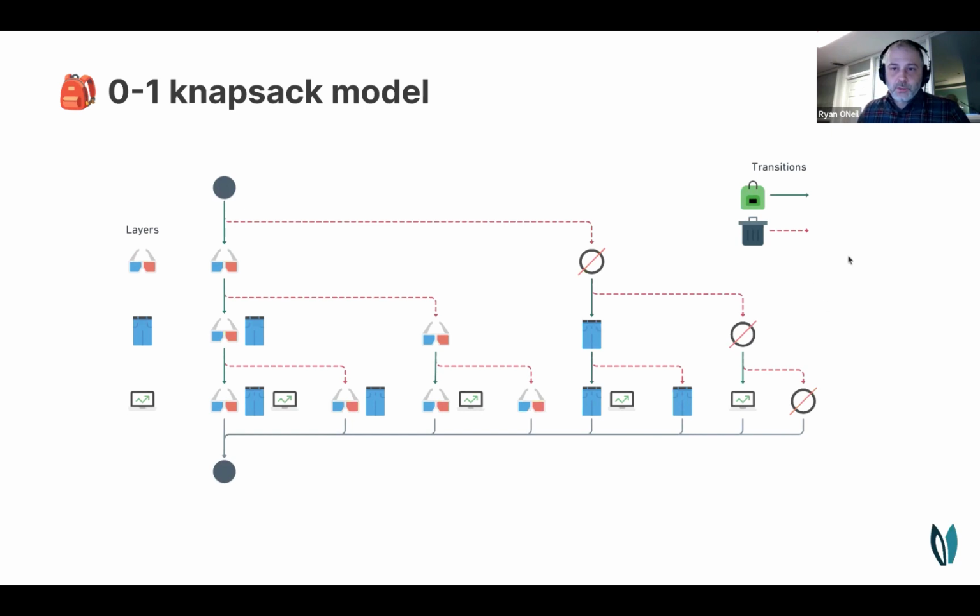All right, so we have two different decisions that we can make about each item. I could either pack it in my knapsack or I can discard it and not bring it with me. So what I've done here is given the decision to pack an item, the green arrows, and the decision not to pack the item, the red dashed arrows.